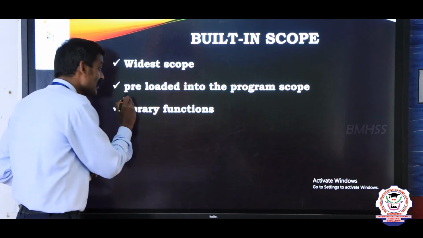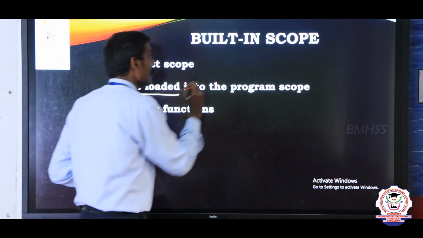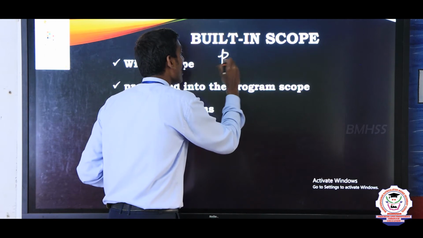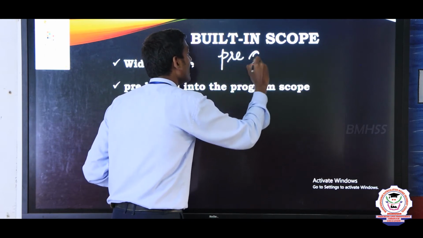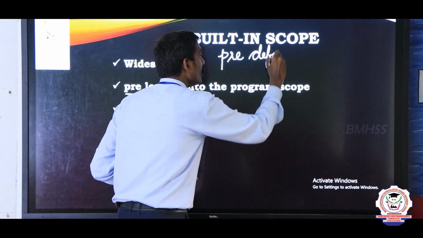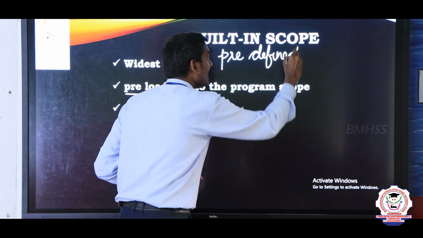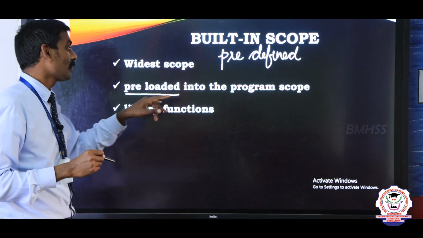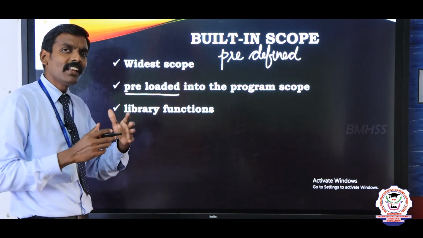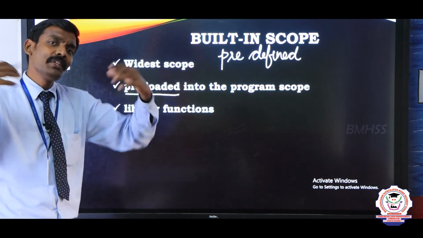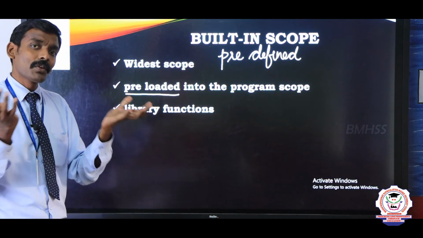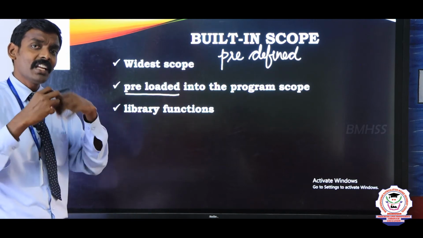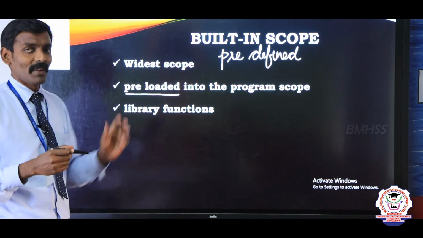Built-in function means preloaded, defined in the form of predefined. Okay, this is called a built-in scope. Here it is a wide scope where it can be used. Suppose we want to implement any other program or any other module, we can easily implement it.